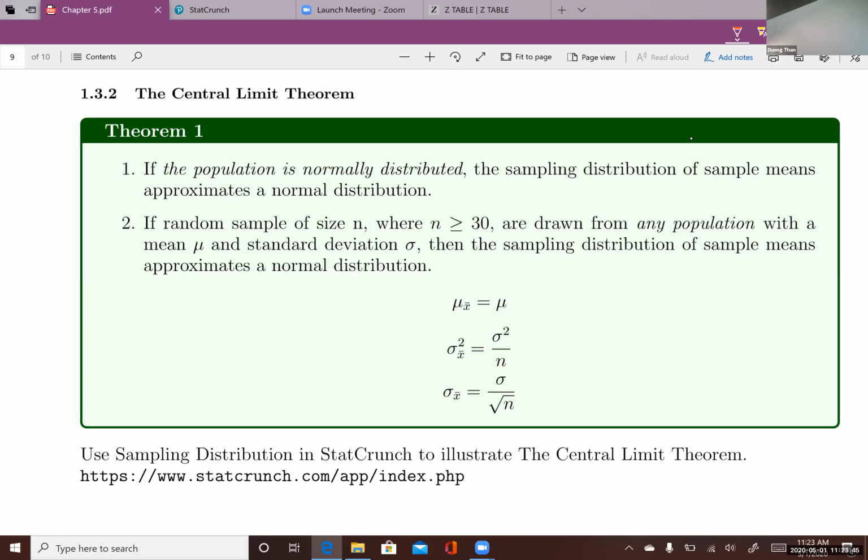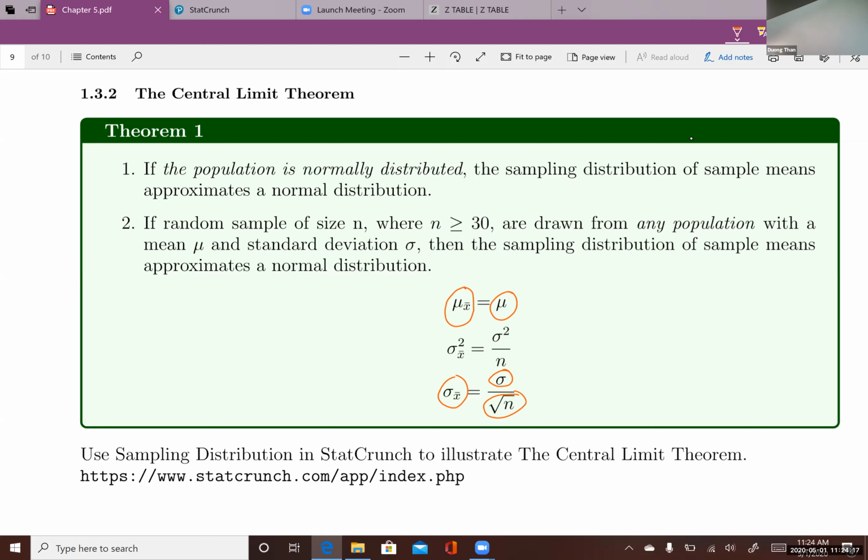Also, the mean of the sampling means is the same as the mean of the population. The standard deviation of the sampling distribution of the sample means equals the standard deviation of the population divided by the square root of the sample size.